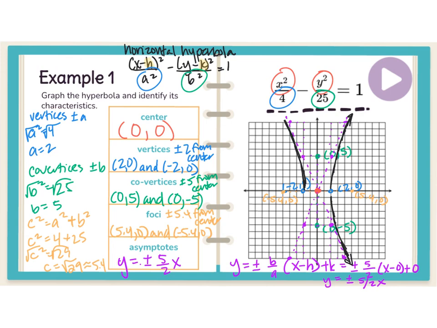Oh, that one was a little off. There we go. So those black lines are the graph of this hyperbola here with a center of 0, 0 and vertices at 2, negative 2.